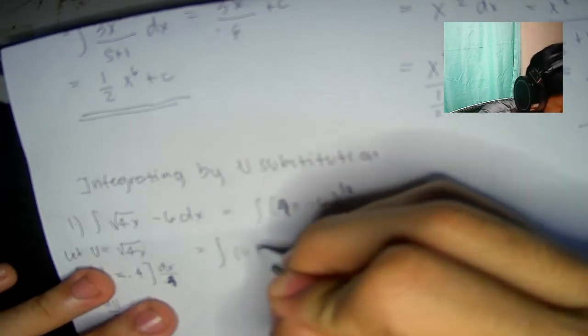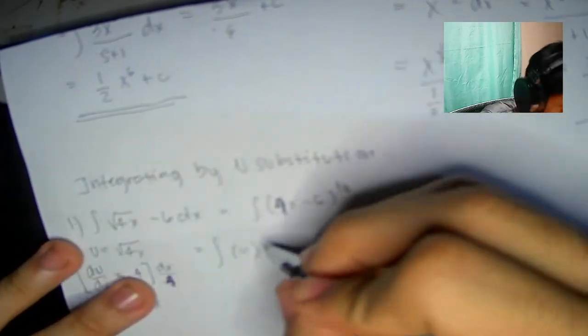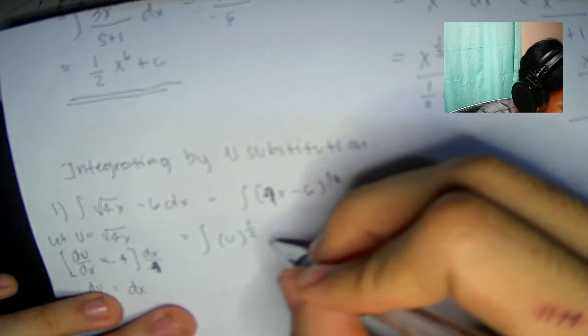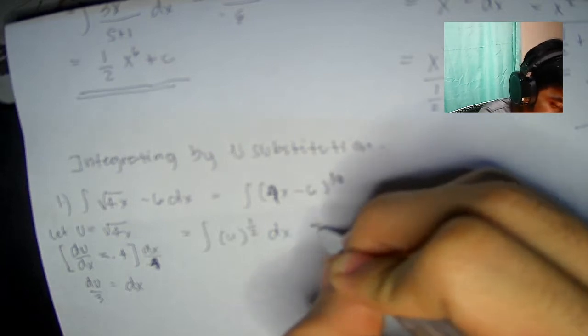So let's integrate. The first term is u, just for x, times 1/2, just like what we did here, x to the 1/2 because of the square root. So we'll have u to the 1/2 times dx.